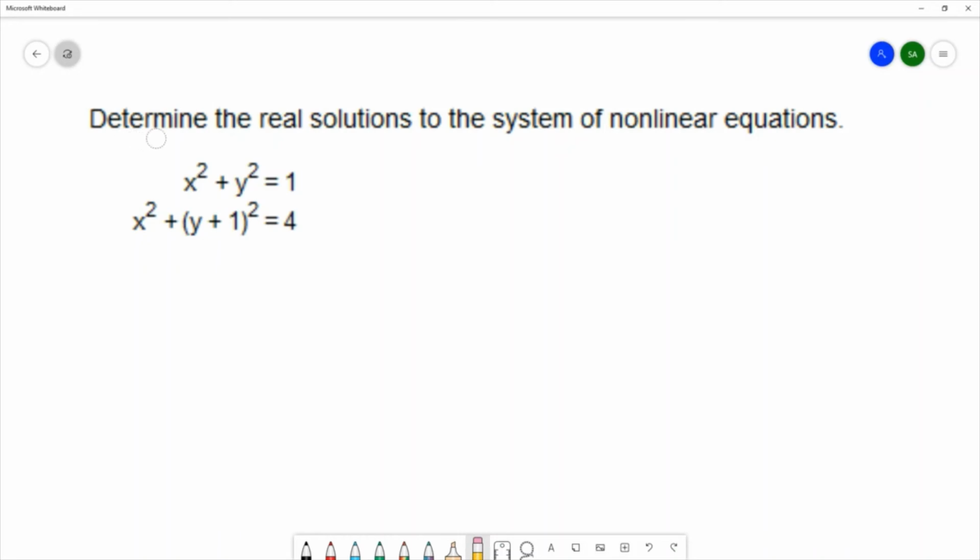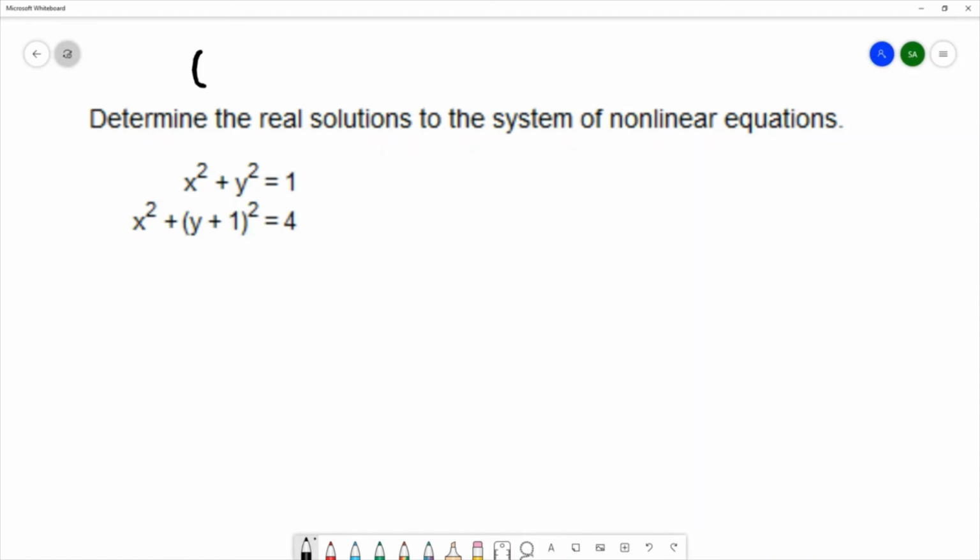On this question, we want to determine the real solutions to the system of nonlinear equations. My system is x squared plus y squared equals 1, x squared plus (y plus 1) squared equals 4. As I look at this set of equations, each equation follows the format of a circle.